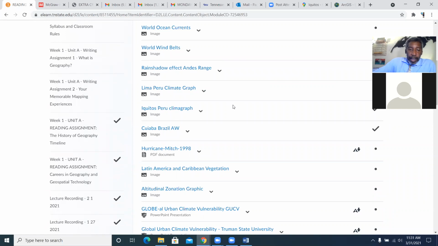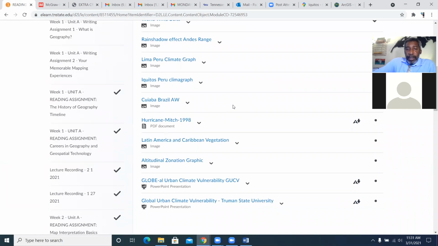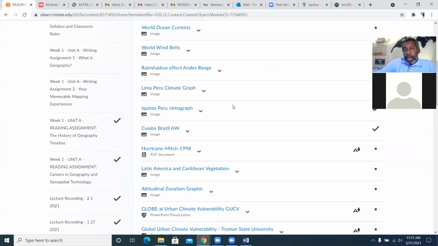So looking at the climates of the region, and how they are affected by the Andes mountain range. The Andes mountain range is obviously not the only mountain range throughout Latin America and the Caribbean.